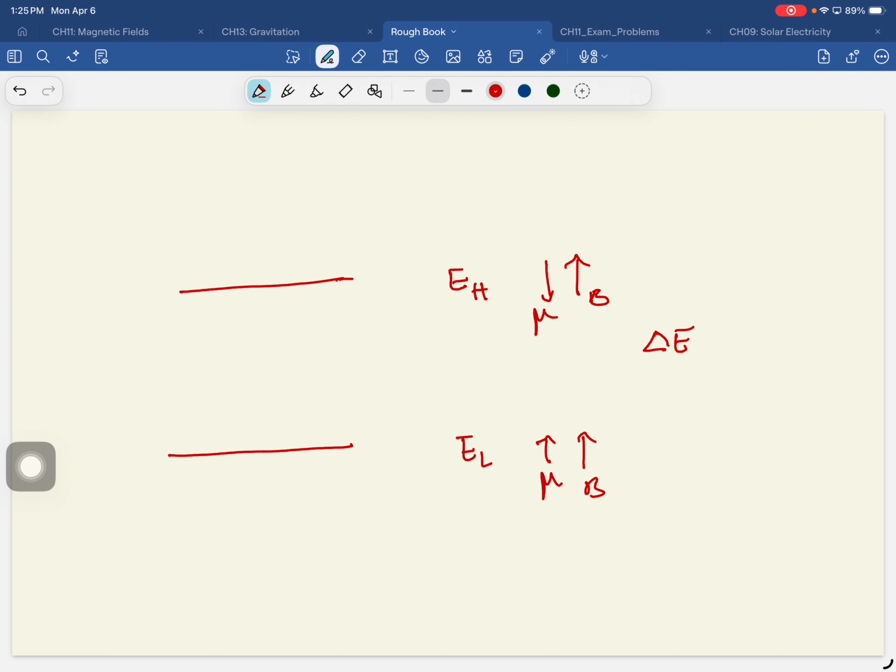The energy difference is proportional to the magnetic field strength, among other things.